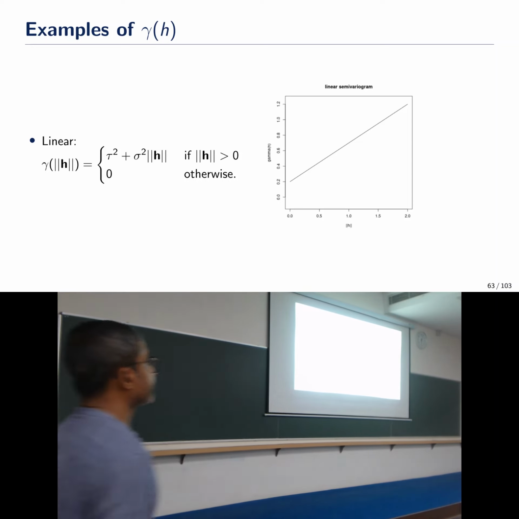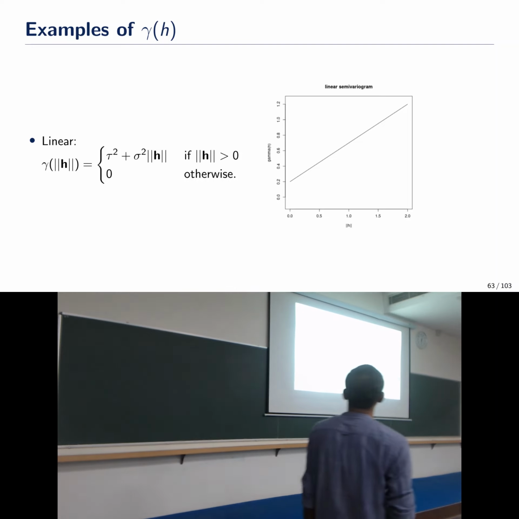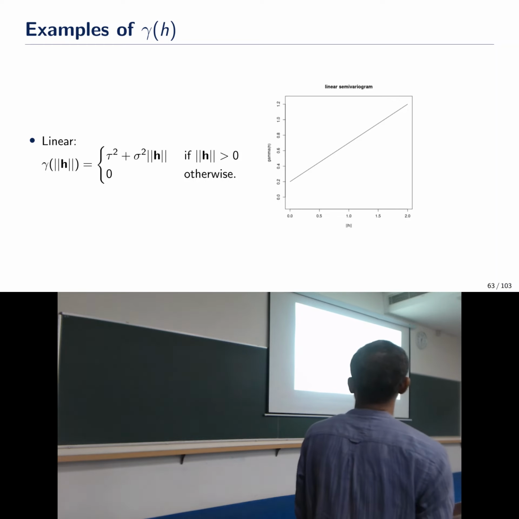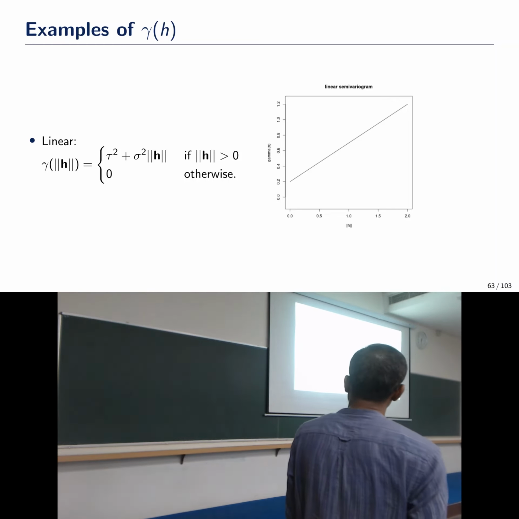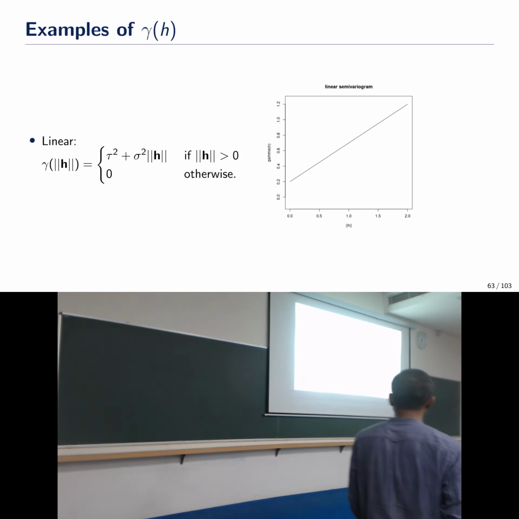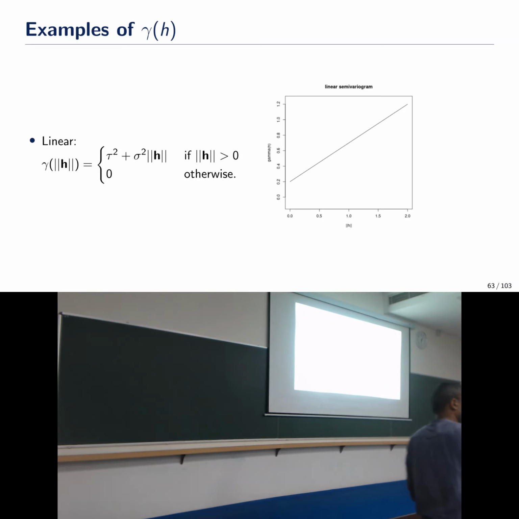Okay, so probably the easiest one to talk about is this one. This is a linear semivariogram, which of course looks like this, but there is something interesting here. In the definition, gamma of 0 has to be 0, because the expectation of X(s) minus X(s plus h) has to be 0 if h is equal to 0.